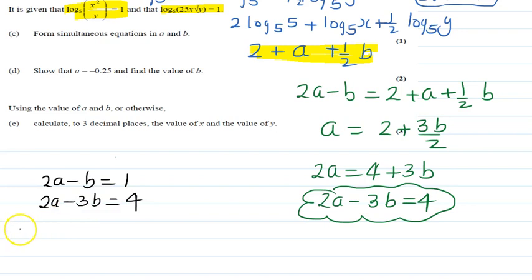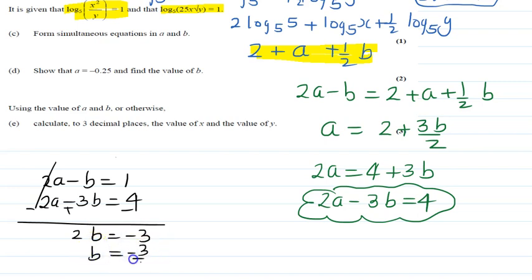Let's cancel 2a, so change the sign, then this will be minus, this will be plus, and this will be minus, so this is cancelled, and we got 2b equal to minus 3.